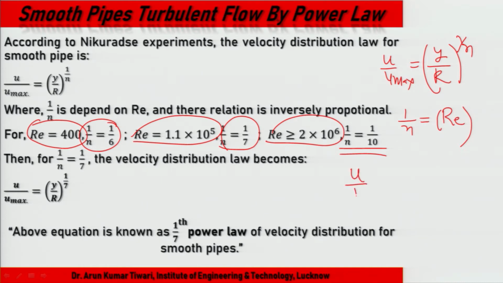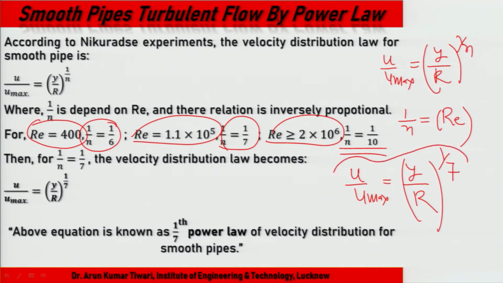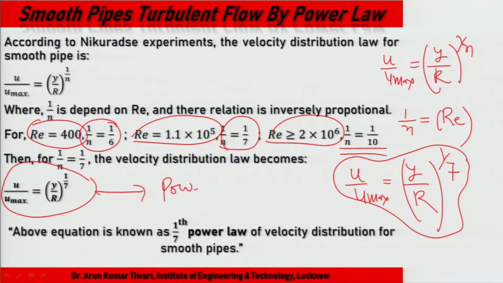So u upon u max equals (y upon r) power 1 by 7. This equation is known as the 1/7 power law of velocity distribution for smooth pipes.